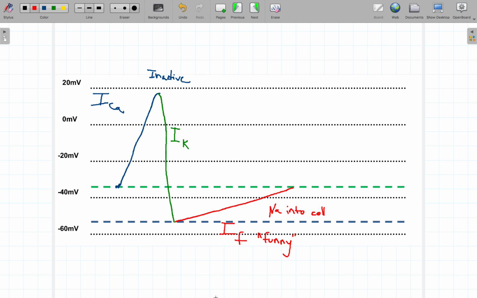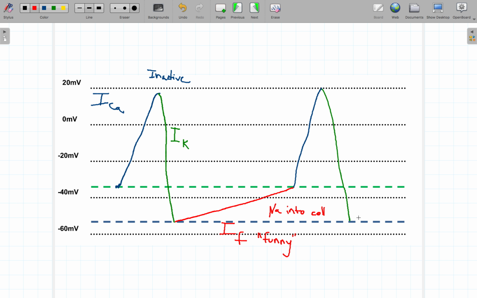It's called the funny current because this is the first example that people discovered of a channel opening when the cell became too negative. Prior to this, all kinds of voltage-gated channels had been discovered, and they always open when the cell became positive. Here's one that opened when the cell became too negative, so a very peculiar or very funny type of current. Of course, as the cell becomes positive again, at some point we reach the threshold for the first current, and we can repeat the process over and over again.